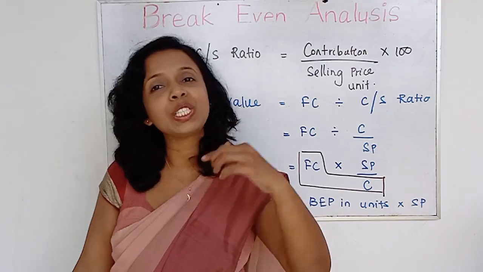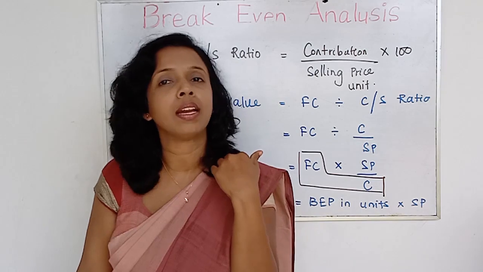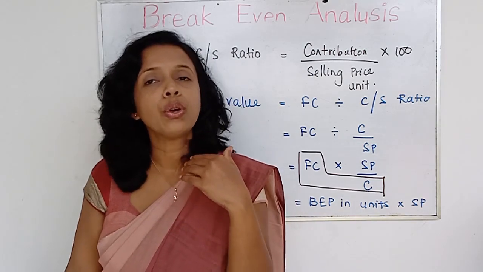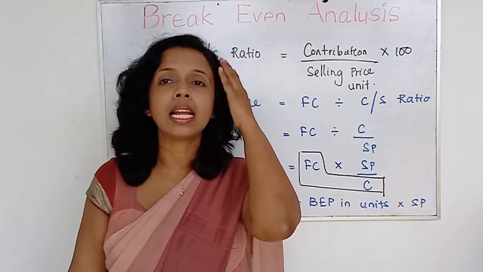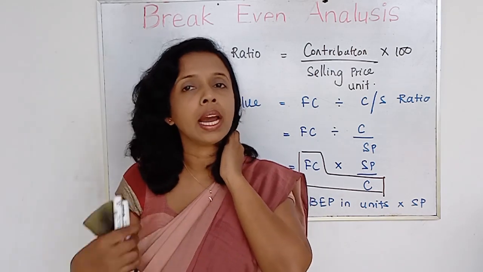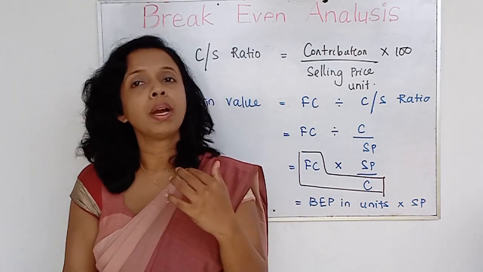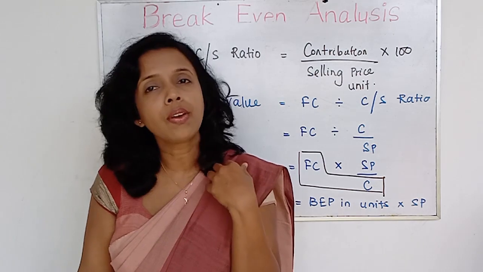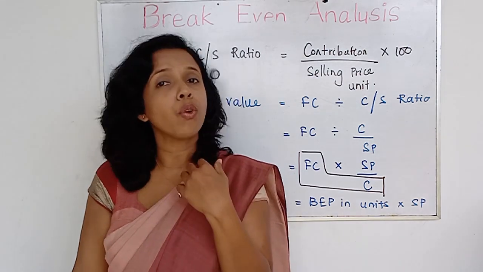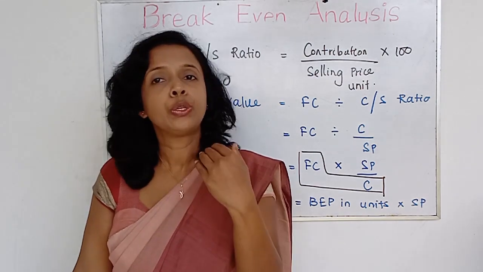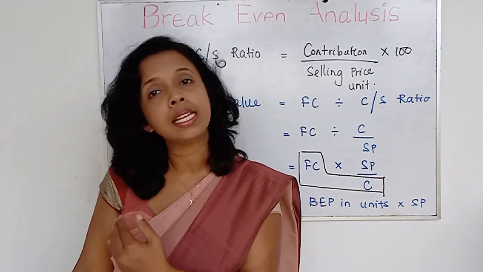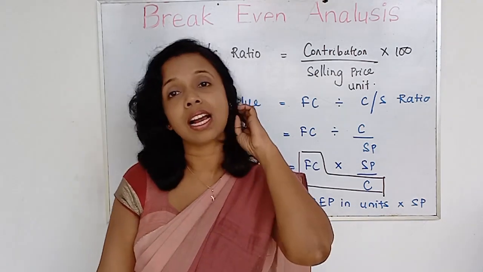Meantime, I want to satisfy the head office requirement and achieve that 50,000 profit target too. Now, I have an idea. Before I start my business tomorrow, I want to know how many units I need to produce and sell to achieve the break-even point as well as that head office profit target, right?